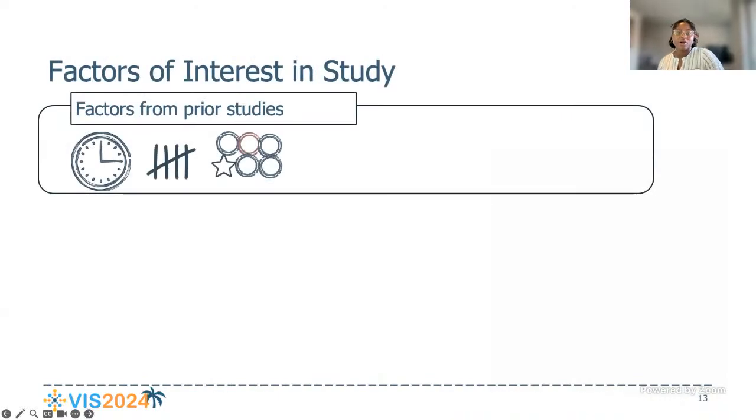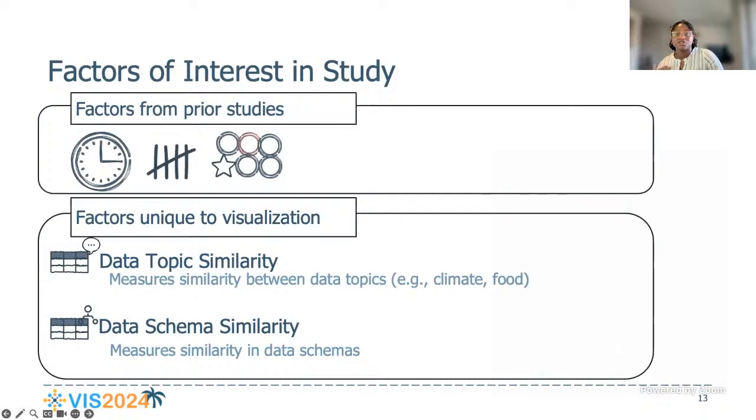So from prior work, we evaluate when examples are introduced, the quantity of examples that were curated by participants, and also the diversity of the examples. We also consider other factors that are unique to visualization design, which are primarily concerned with the data topic similarity and the data schema similarity. Both of these factors measure how similar an example's dataset topic and schema are to the dataset the designer is working with.